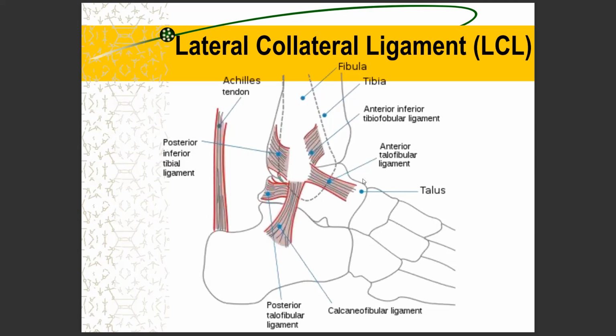Among these three ligaments, the anterior talofibular ligament is the most commonly injured ligament. After that, the ligament most commonly involved in injury is the calcaneofibular ligament. Because it is short and wide, the posterior talofibular ligament is very rarely injured.